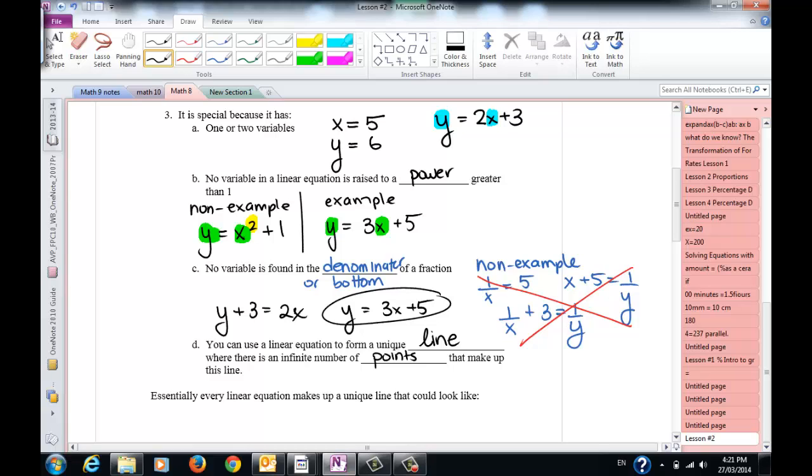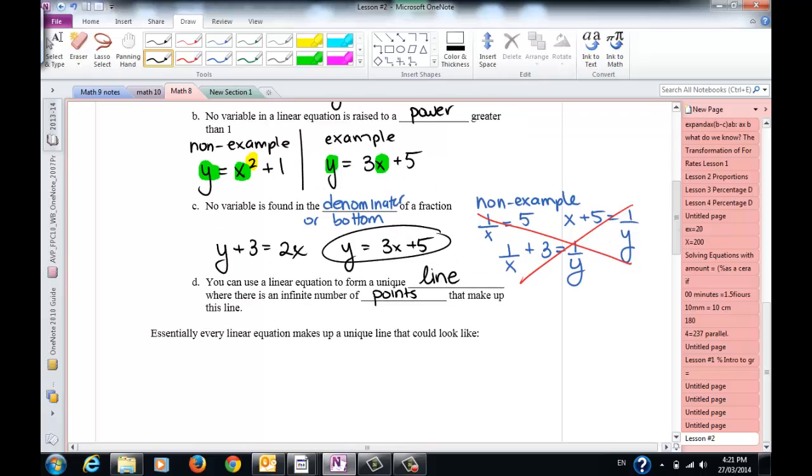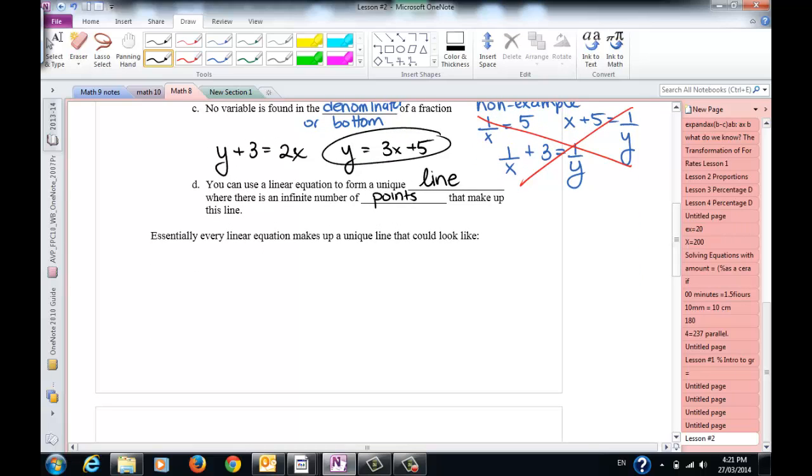So a line is just an infinite number of points. They get so close together that they actually form a line. Essentially, every linear equation makes up a unique line that could look like this, could look like this, could be exactly up and down, or exactly horizontal.